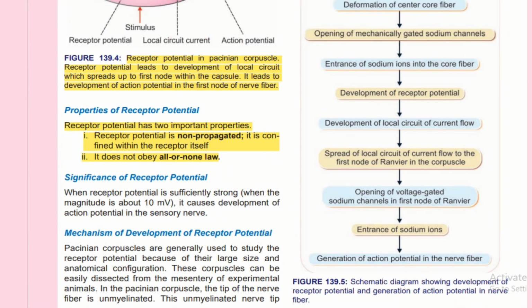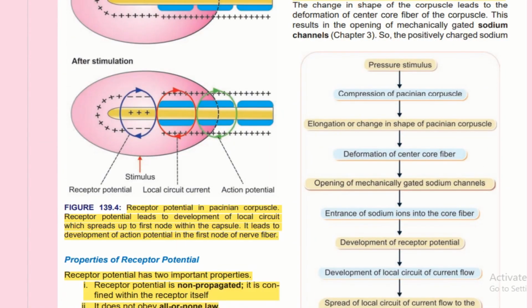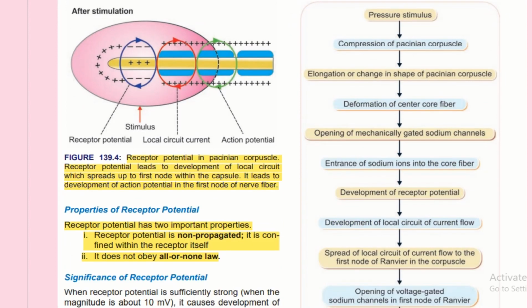So here is the schematic diagram showing the development of receptor potential and the generation of action potential in the nerve fiber. Starting with the pressure stimulus, there will be a compression of the Pacinian capsules, elongation or change in shape of the Pacinian capsules.